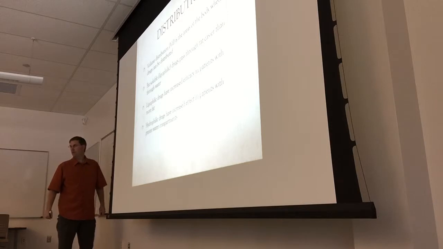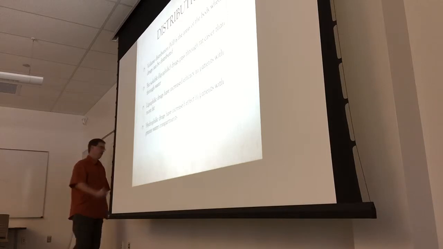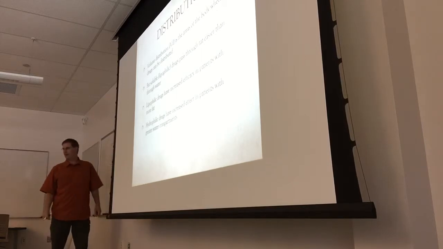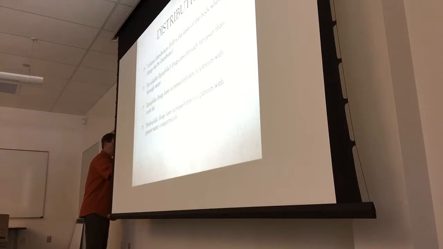I could take a centiliter, and I would have 1 milligram per centiliter. And then let's break it down into a milliliter, or a cc. How many milligrams should I have per 1 milliliter? 0.1 milligrams.